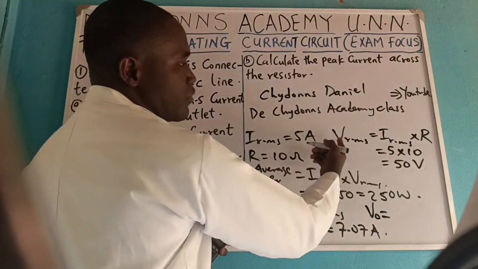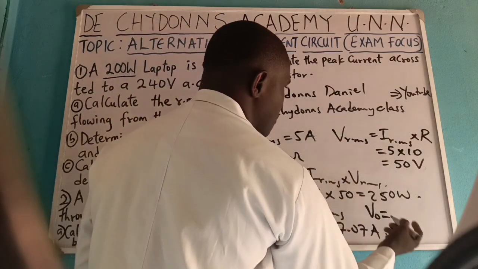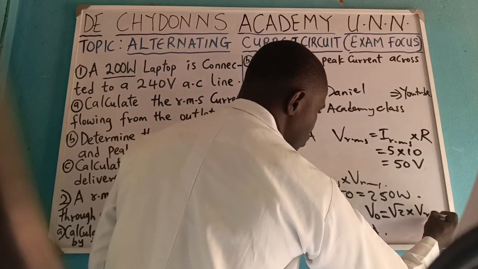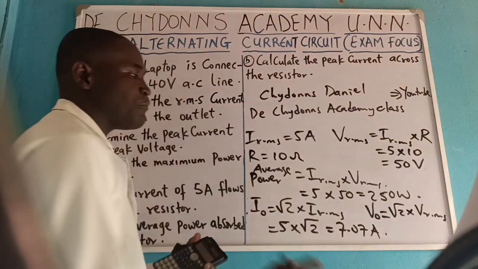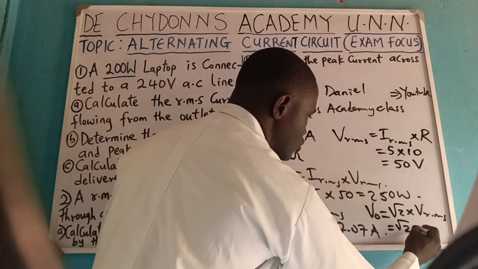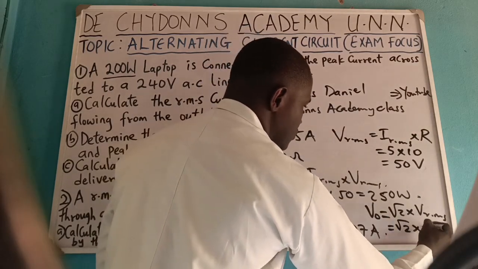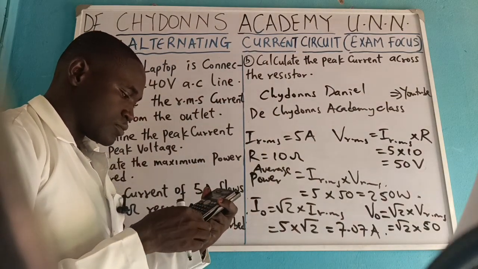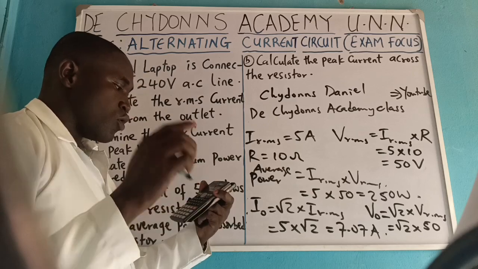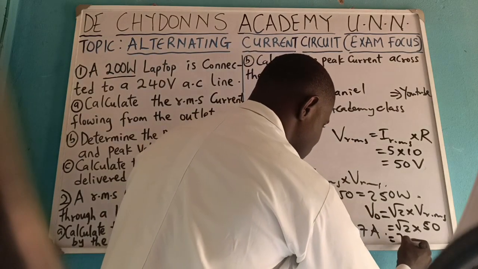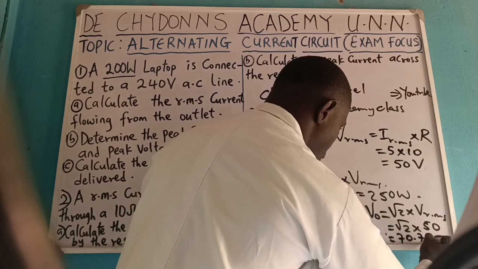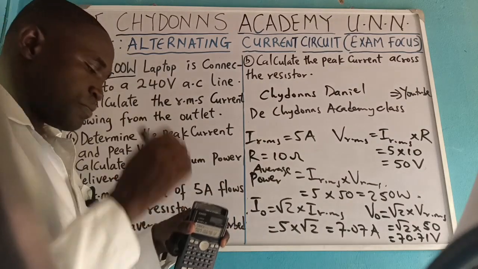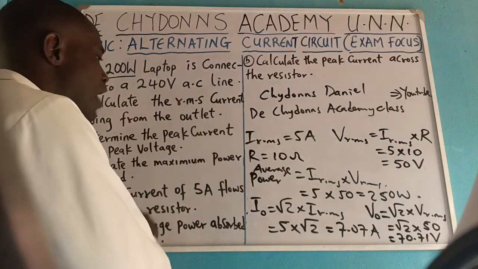We have our V root mean square to be 50, so root 2 times 50, 50 root 2, will be giving you 70.71 volts. So that is when they ask you peak current, peak voltage, then average power.